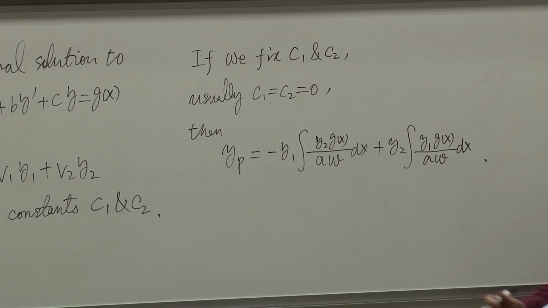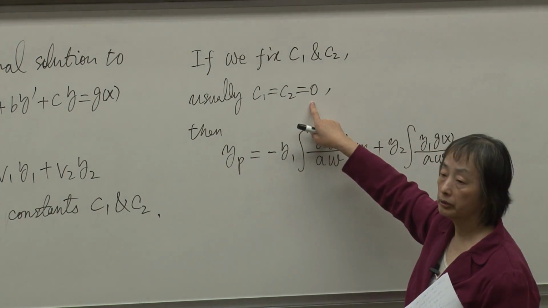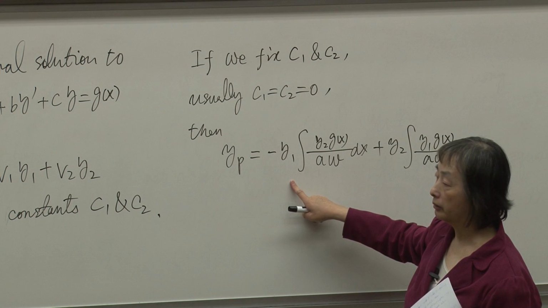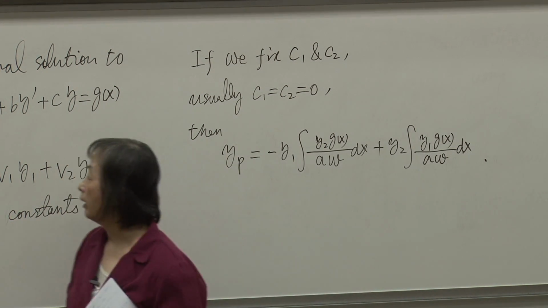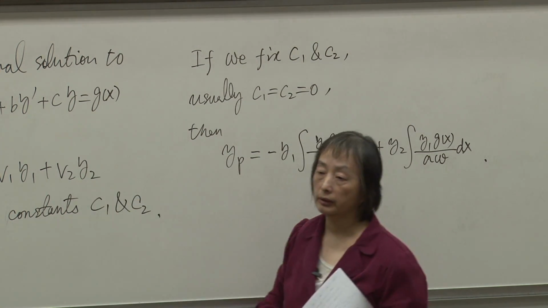So when we fix C1, C2, usually we choose them to be 0, so we get this particular solution. But if we let C1, C2 be arbitrary, then this will be the general solution.